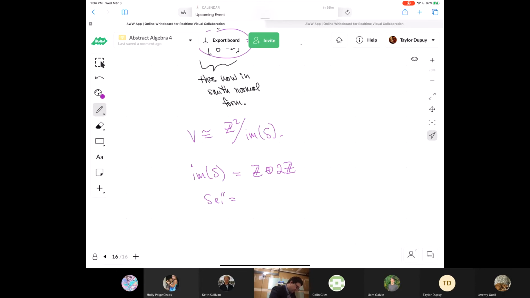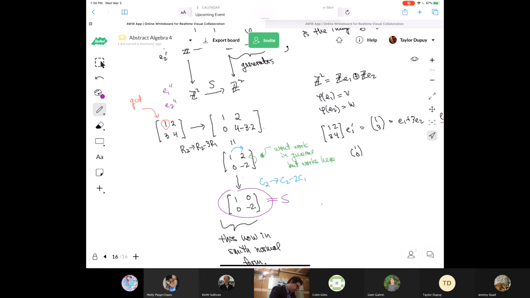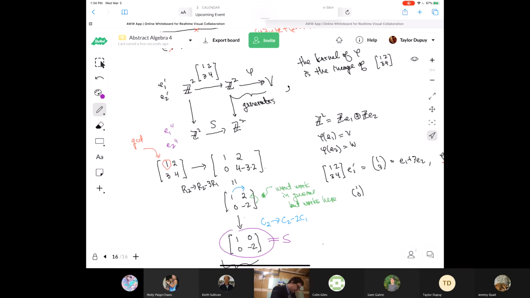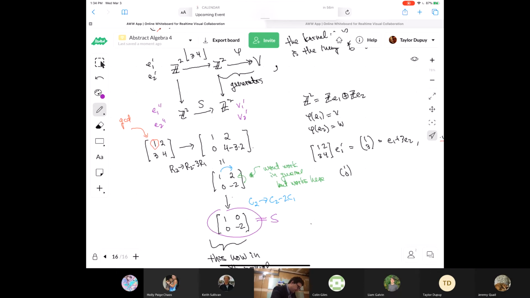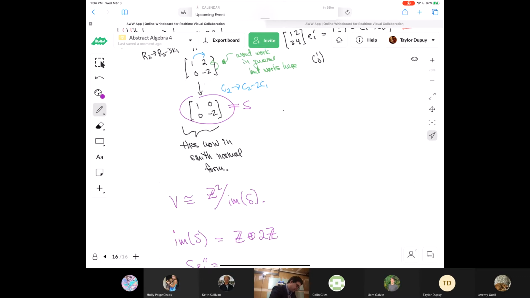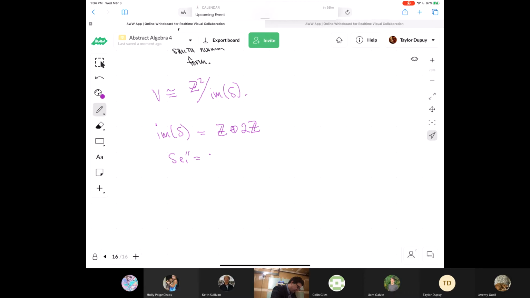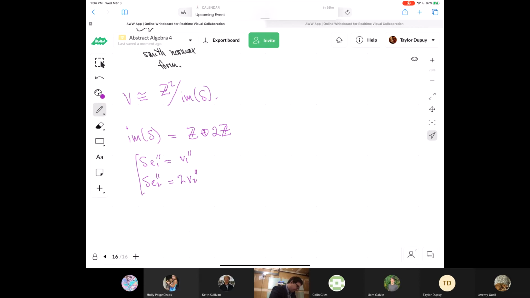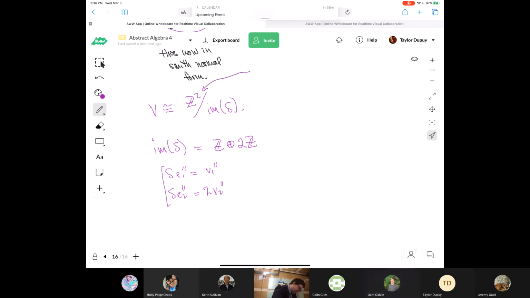S of E1 prime prime is V1 prime prime, and this needs a basis too, so let's call it V1 prime prime, V2 prime prime. And SE2 prime prime is 2 V2 prime prime. This top one here is in the V1 prime prime, V2 prime prime coordinates.